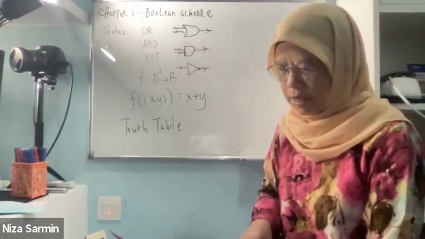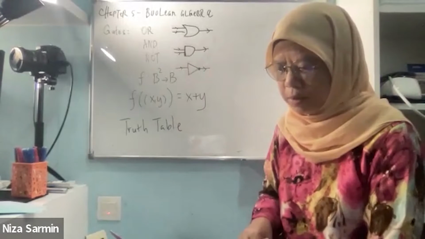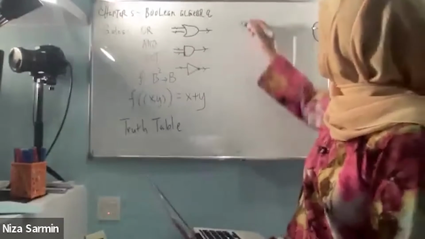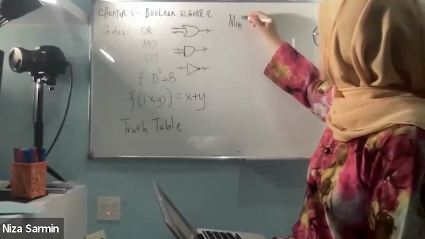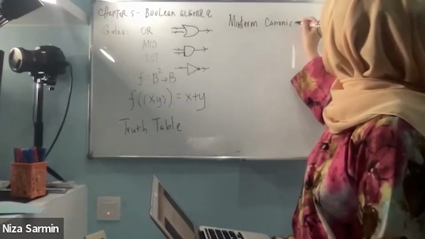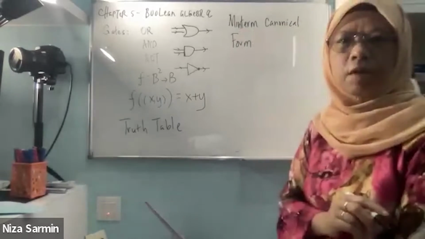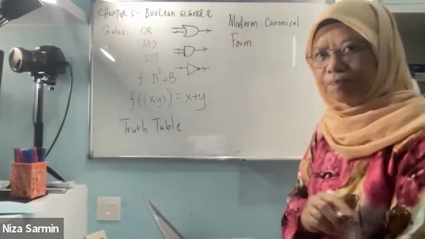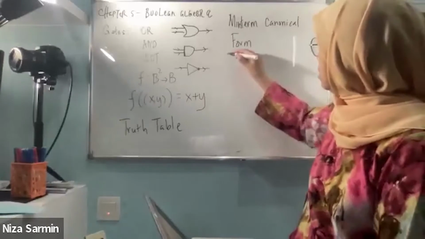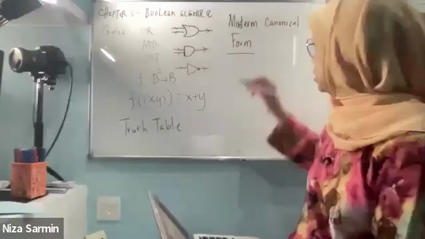And then you probably will be given also the Boolean polynomial. And then if you remember, I mentioned about min term canonical form. Min term canonical form. And also we want to find the minimal expression, right?